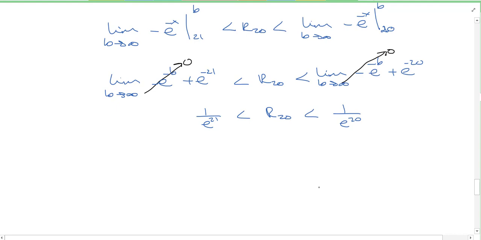This also lets us know how close we are to the actual sum. If the remainder is really large, we're not that close to the sum. This is a really, really small number.